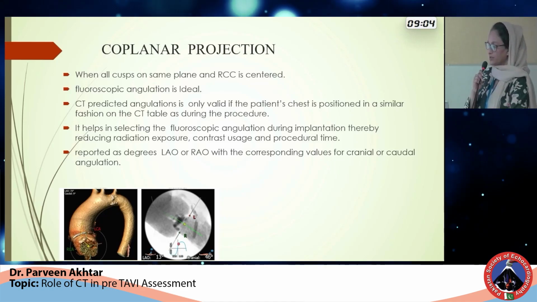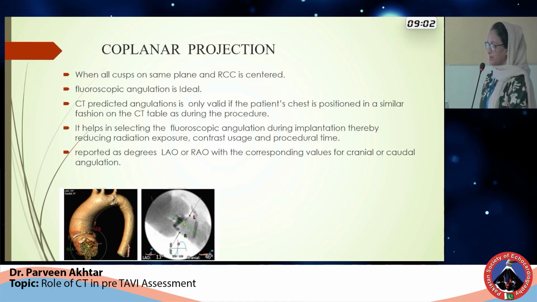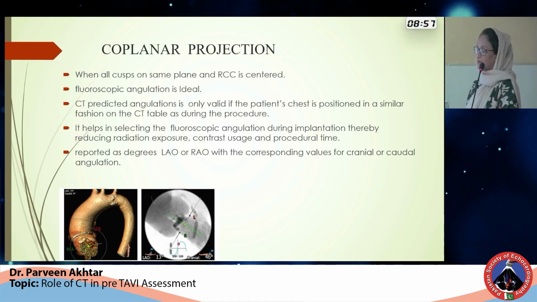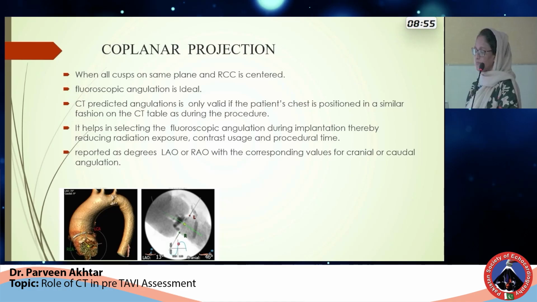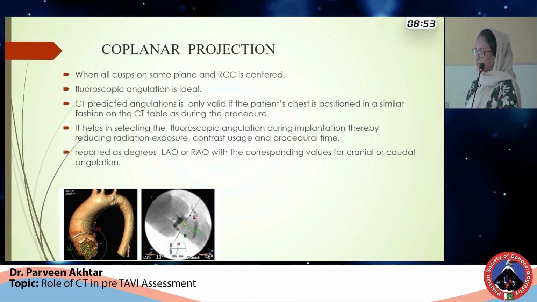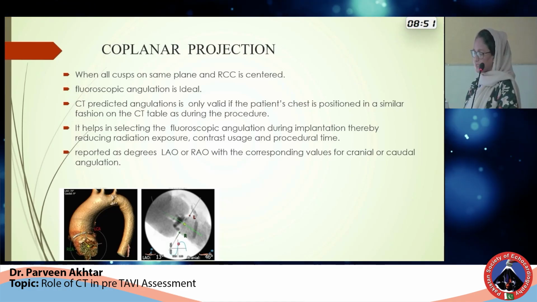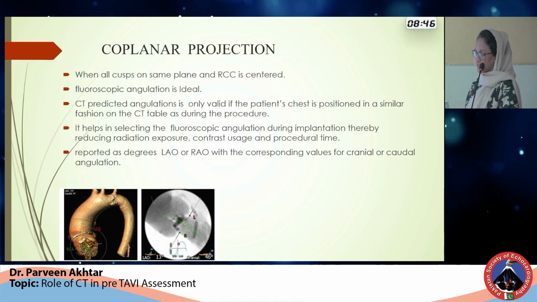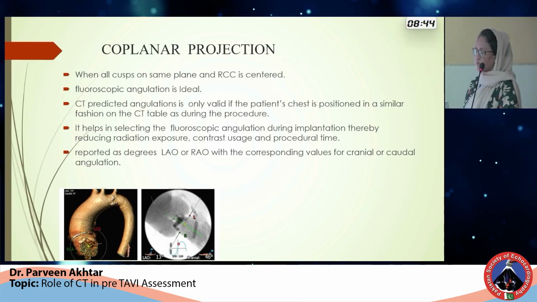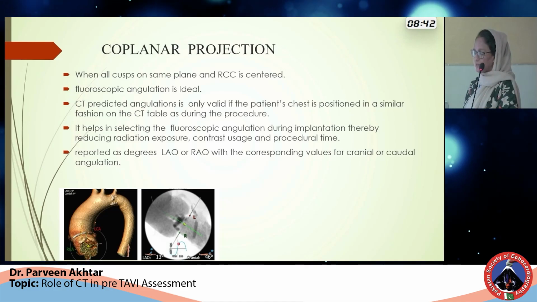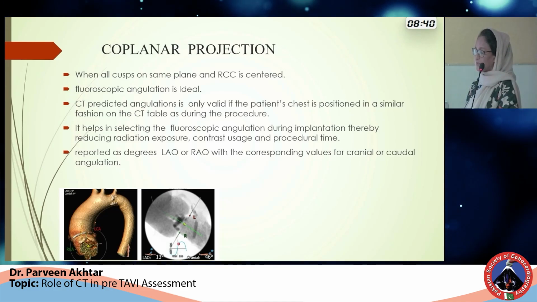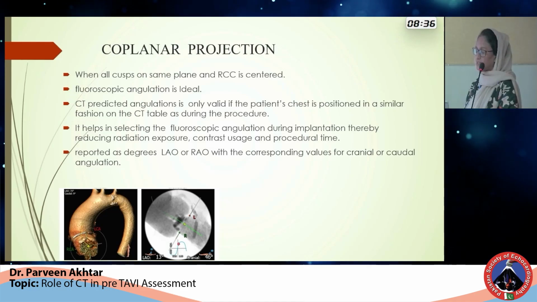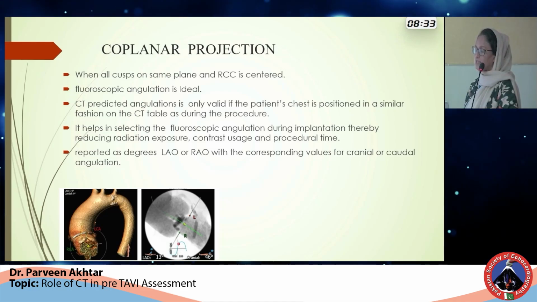Then the most important thing is the coplanar projection, which is actually the projection of the plane for valve implantation. The coplanar is the plane when all the cusps are at the same level with the RCC, right coronary cusp, in the center. We know the fluoroscopic angulation is ideal, but it is only valid if the patient's chest is positioned in a similar fashion on the CT table as during the procedure.